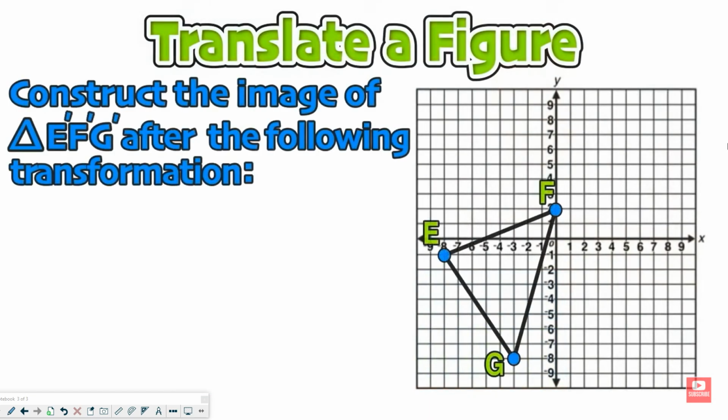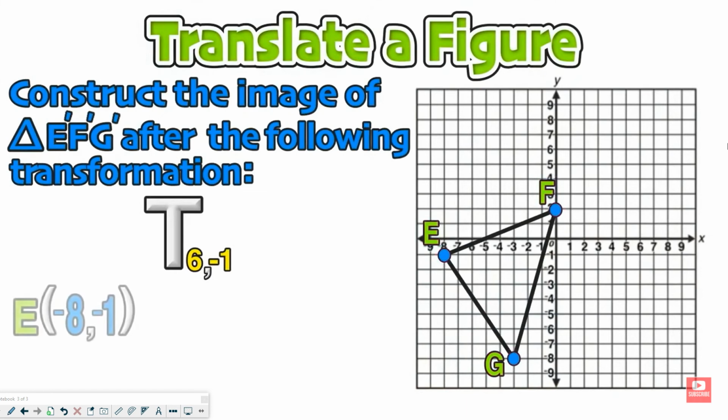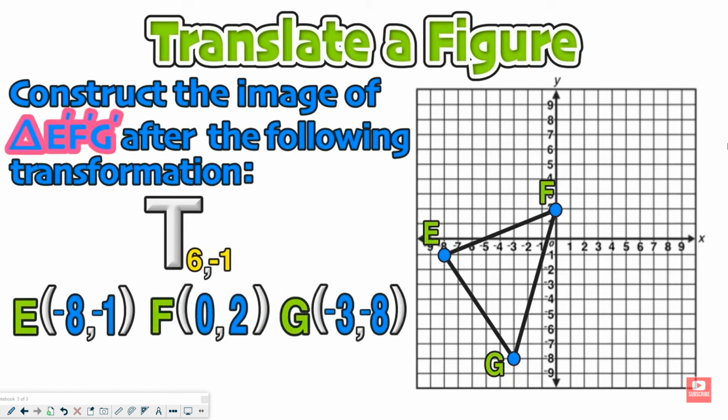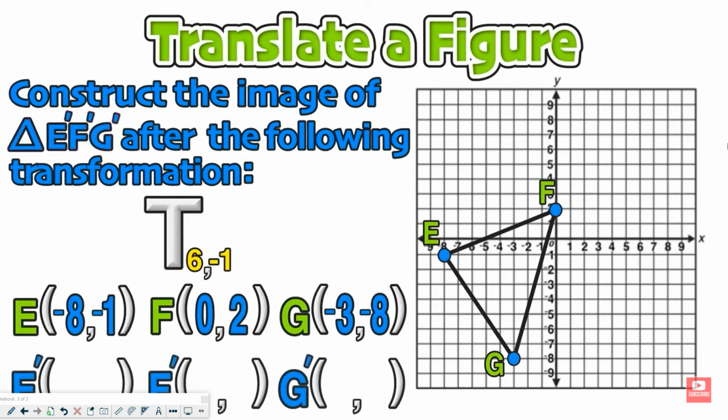For our last example, we are going to construct the image of triangle E prime, F prime, G prime after the following transformation. We'll start off by writing down the coordinates of the vertices of triangle E, F, G. To find the coordinates of E prime, F prime, and G prime, we'll start by applying the values of the translation.